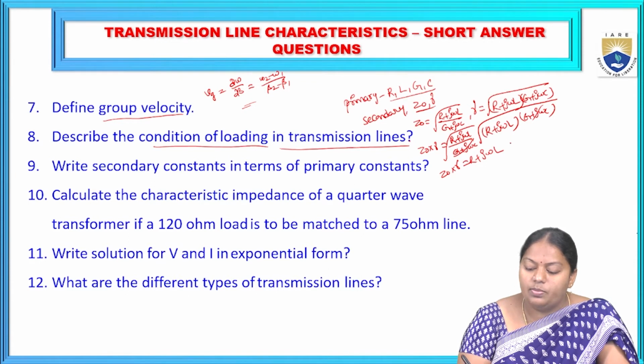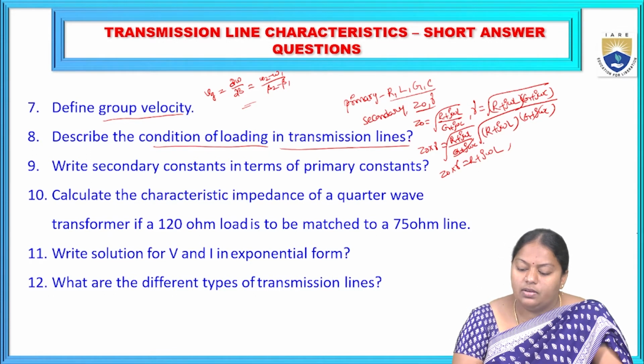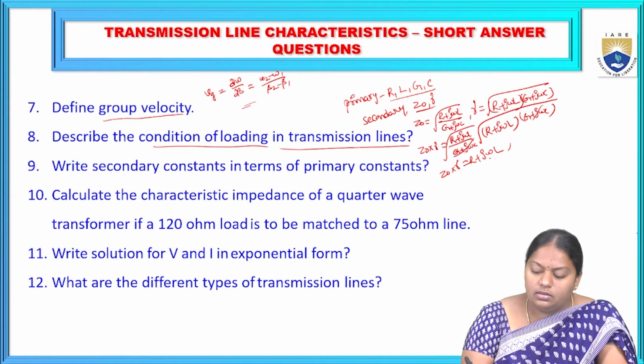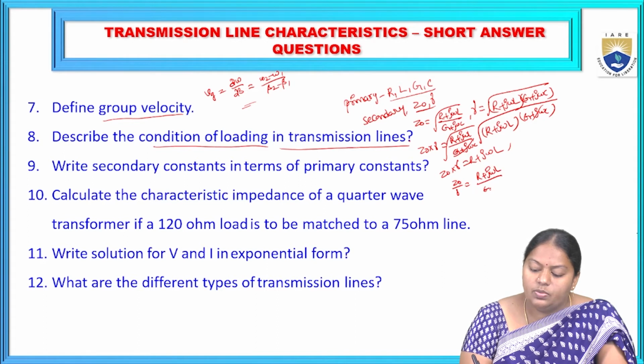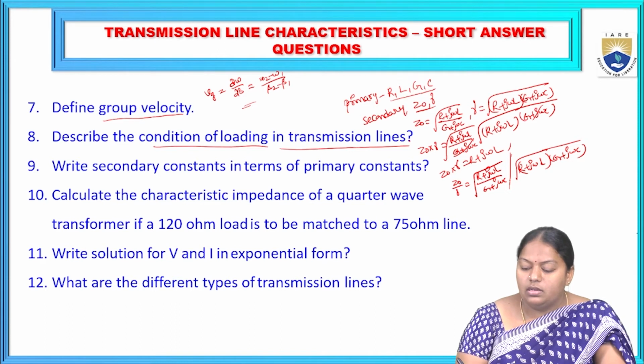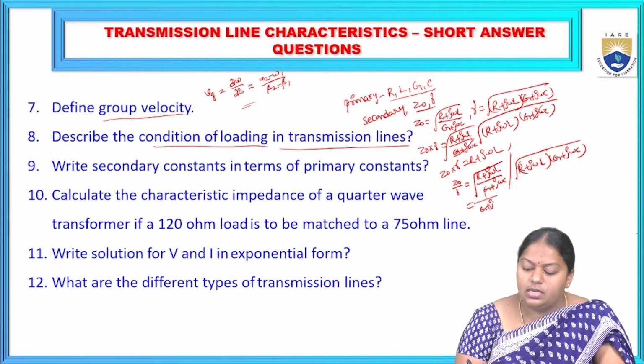Similarly, if you divide these two, Z0 by gamma, then Z0 is root over R plus j omega L by G plus j omega C, and in the denominator, the propagation constant is root over R plus j omega L into G plus j omega C. So Z0 by gamma equals root over R plus j omega L by G plus j omega C divided by root over R plus j omega L into G plus j omega C. Here the common terms get cancelled, then this becomes 1 by G plus j omega C left out.